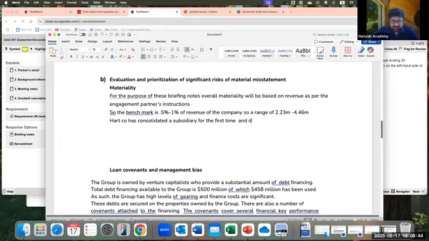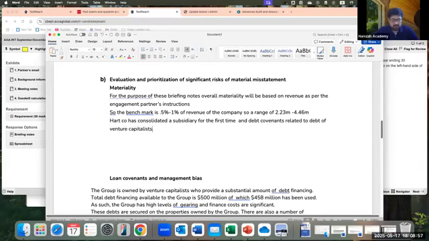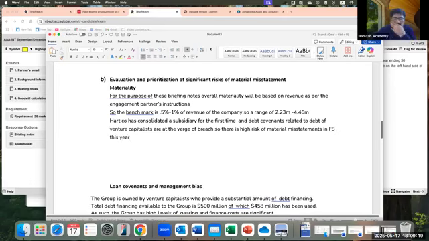And debt covenants related to debt of venture capitalists are at the verge of breach. So there is a high risk of material misstatement in financial statements this year. So the materiality level has been decided to be at the lower threshold of 2.23 million. You see the justification.